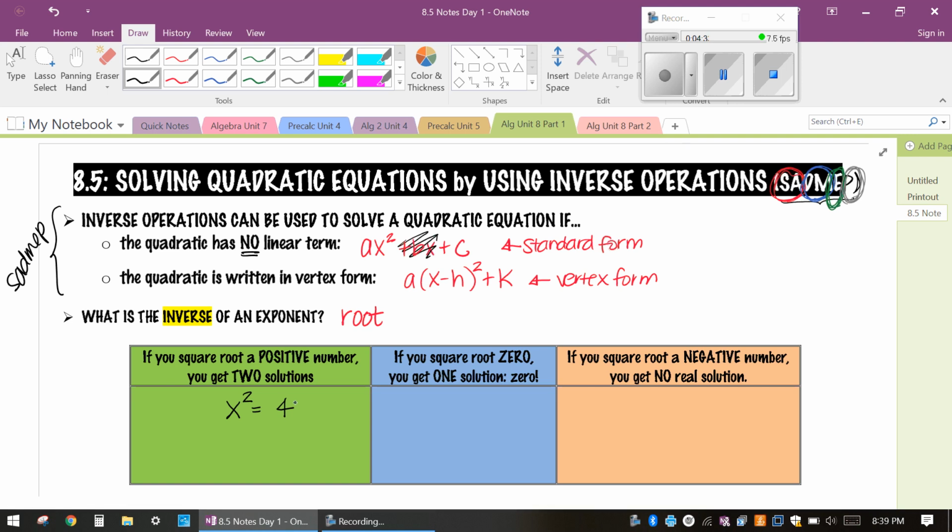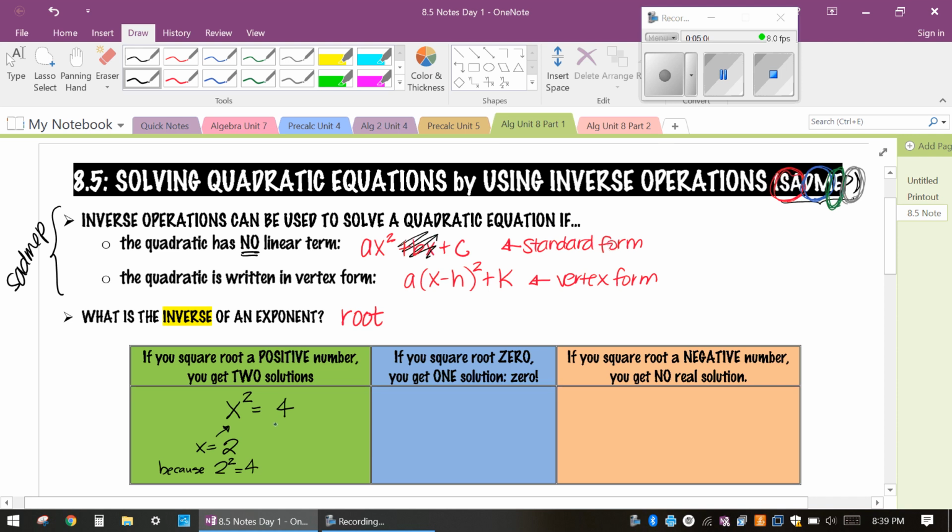This is asking what number times itself, so what number to the second power, equals 4? Can you think of the answer? If you guessed the answer 2, you are correct, because 2 squared equals 4. So if I replace the x with a 2, I get 4.